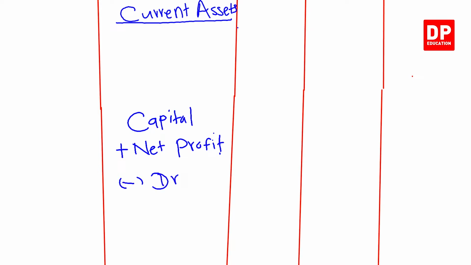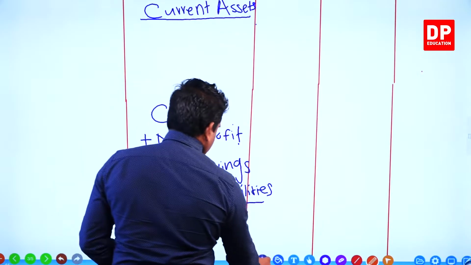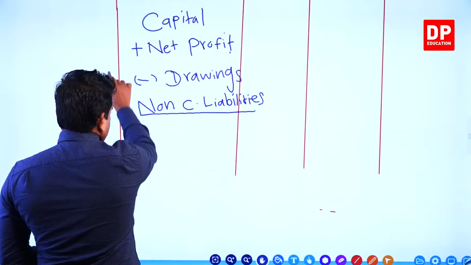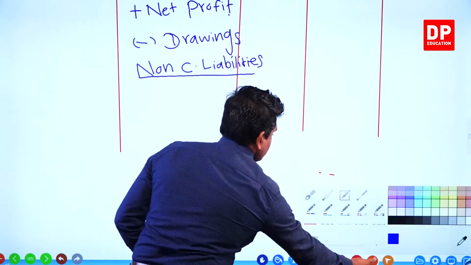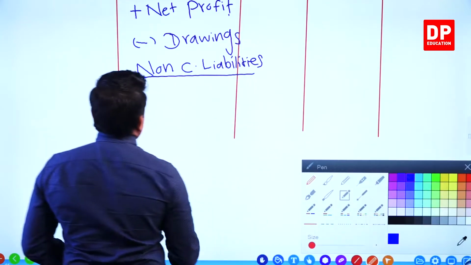Then non-current liabilities, here I use short form, non-current liabilities. After that, current liabilities.